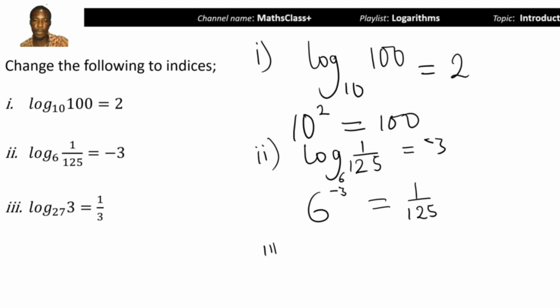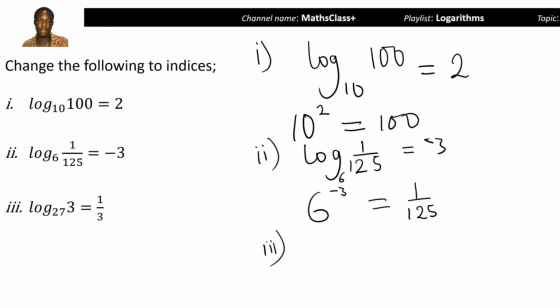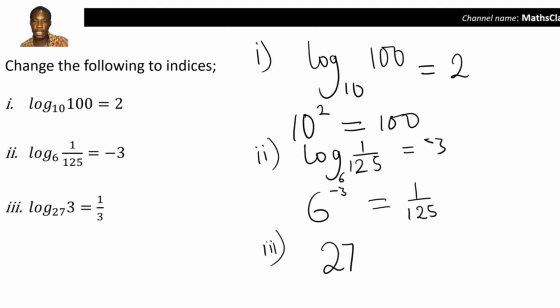The third example, I hope you can try this. The base number is what? 27. And the exponent is 1 over 3. And the resultant value is 3. So this is how we also change logarithm to indices.